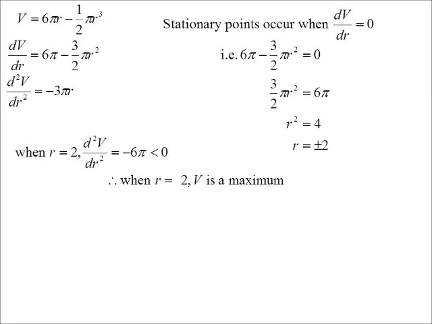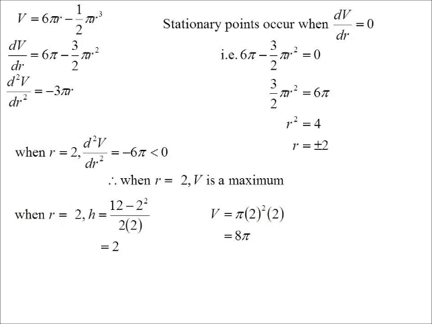Now, in this case, I do have to go and find things because it did ask me for several pieces of information. I know the radius is 2. When I substitute that in, I get that the height is 2. So what have I got? I've got a short, fat bucket, haven't I? And when we work out the volume turns out to be 8 pi.